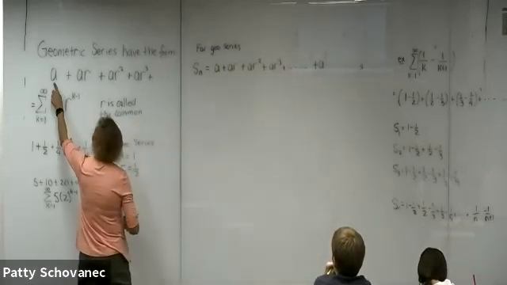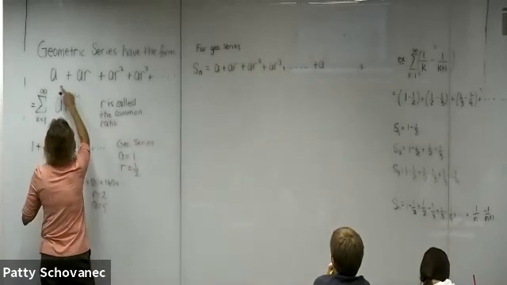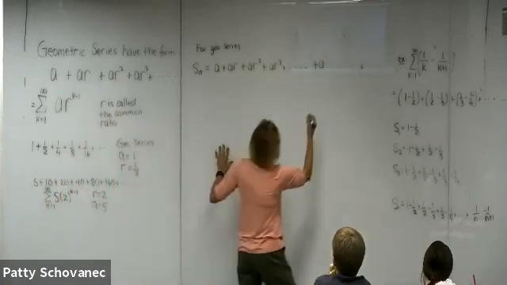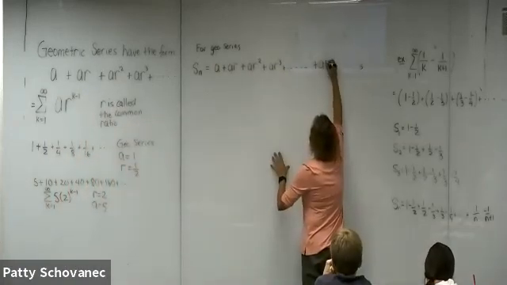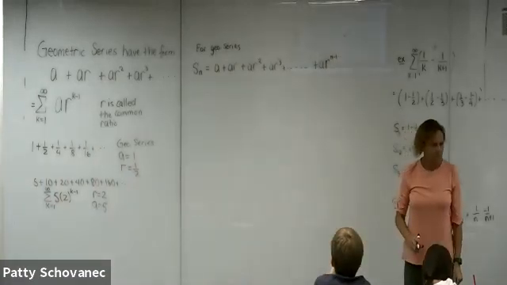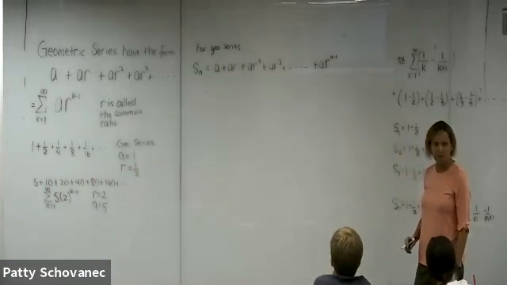The first one has R to the 0 power. The second one takes me out to R to the first. The third one takes me out to R squared. So the nth one is going to take me out to R to the n minus 1. Okay, so that's the sum of the first n terms of any geometric series.